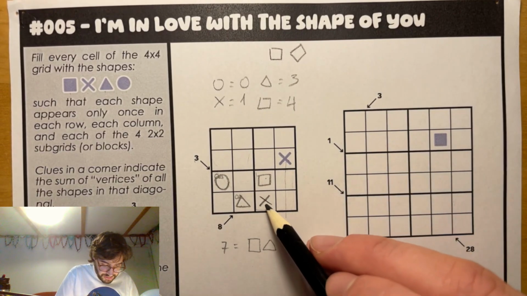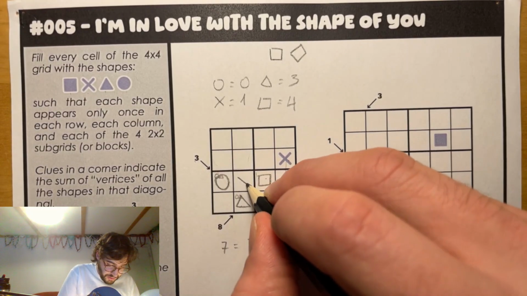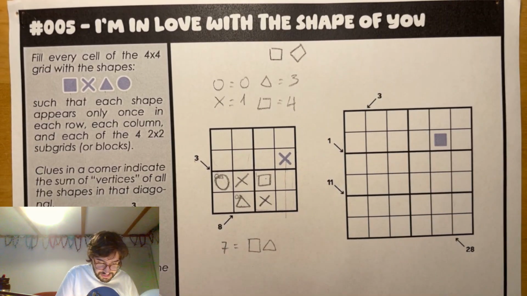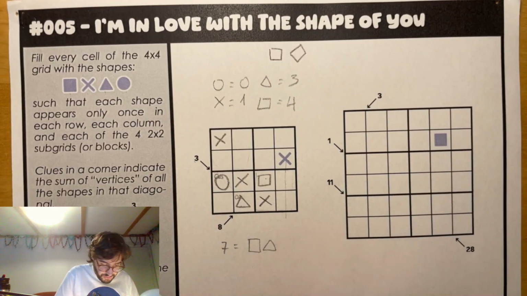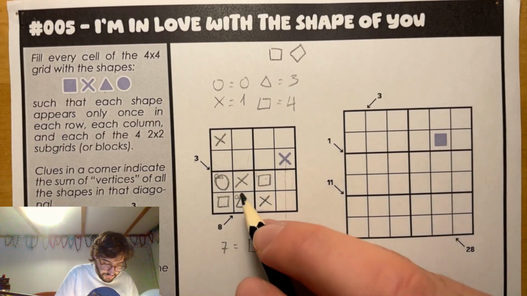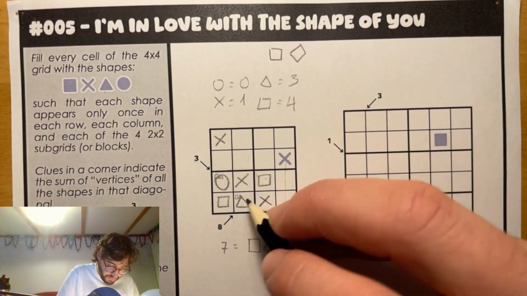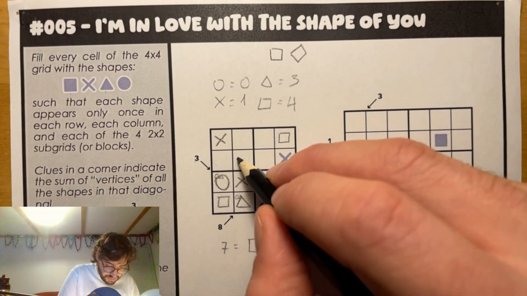And now I know that if I need to put an X in this block, I have to put the X there, and then my last X is going to come up here. Now I know that this last one over here is going to be a circle, for the square, and I can continue. There will be a square on this block, and my last square is going to be here.